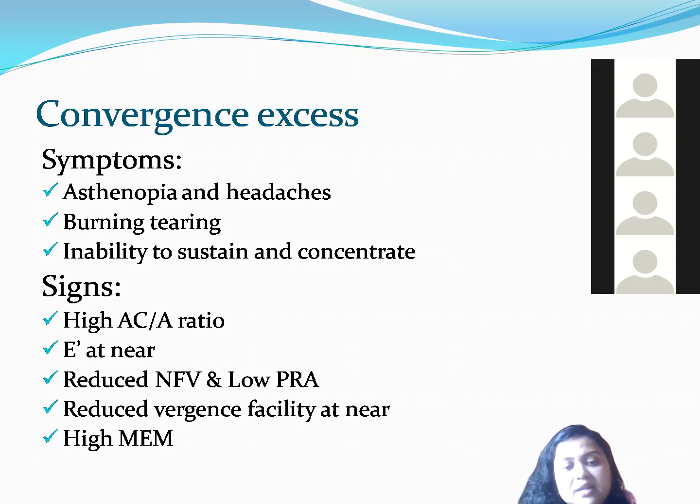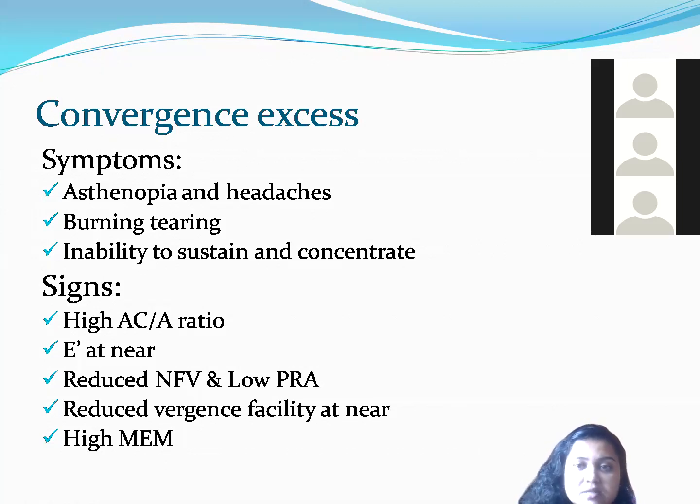See, PRA is an indirect measurement of NFV. How? In PRA testing, that is the positive relative accommodation testing, we are putting minus lenses in 0.25 steps in the trial frame, binocularly. So 9 minutes almost we have in our hand. We'll discuss whatever is possible today, and then we'll continue in the next class.